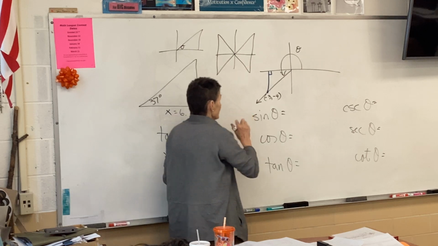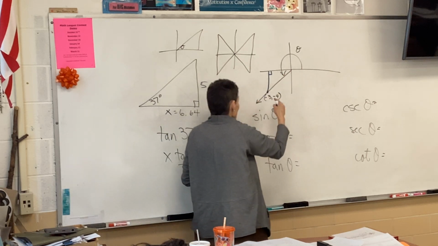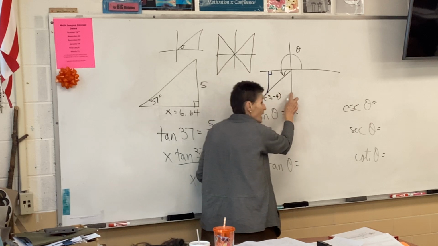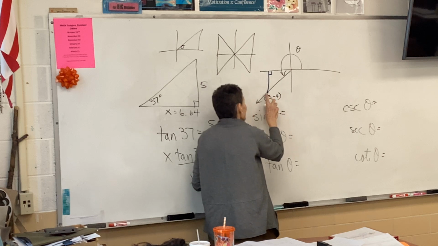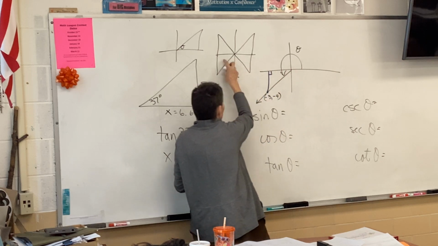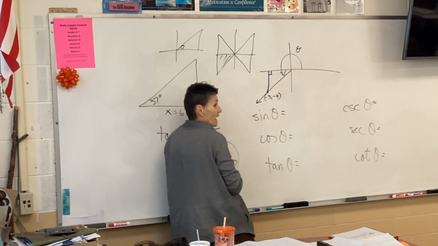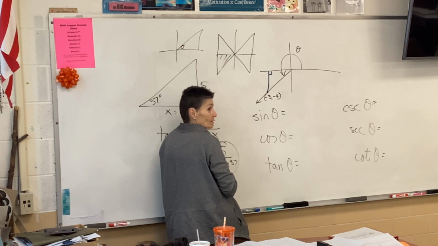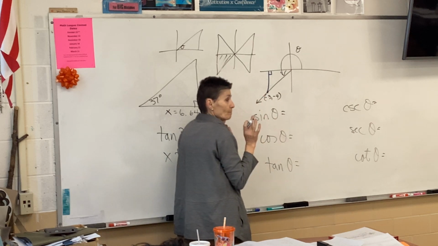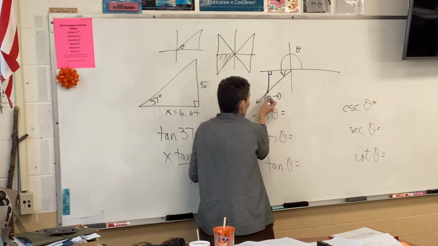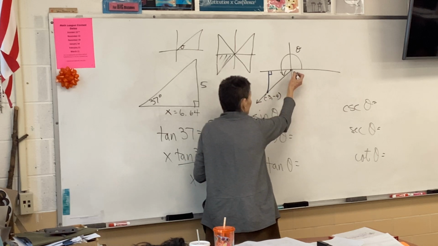So that means when you have a situation like this one, don't go sideways to make your triangle. That would be wrong. You have to go up to the x-axis because it has to look like that. Every time. So now I got my triangle. If that is the point, this is the origin.